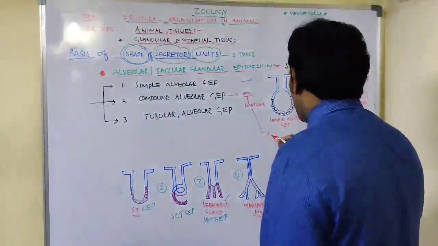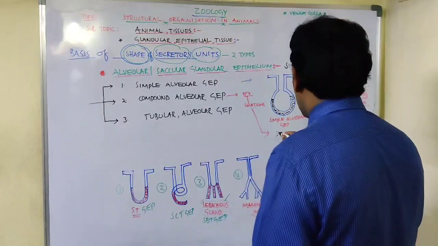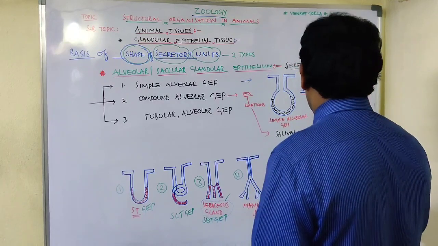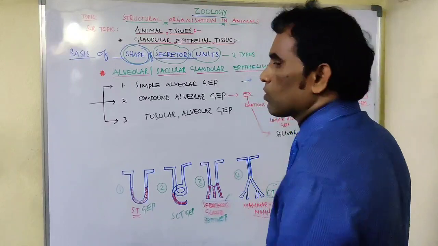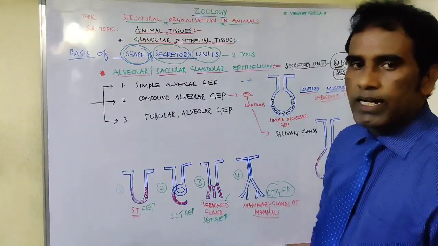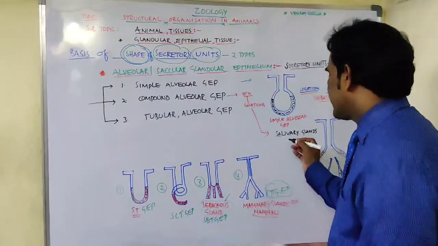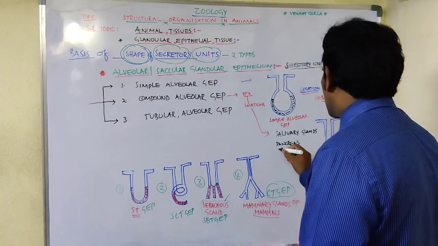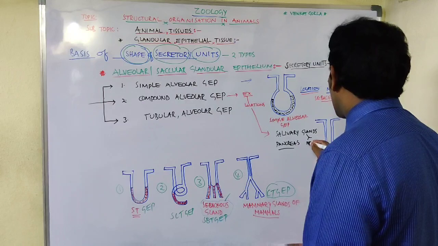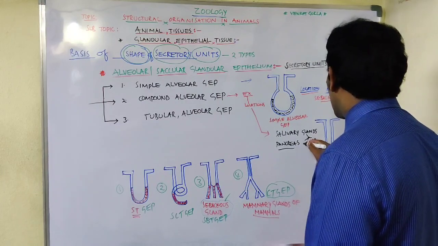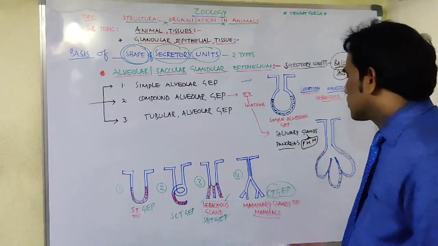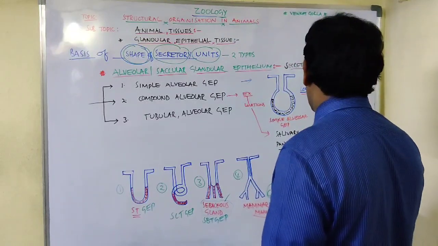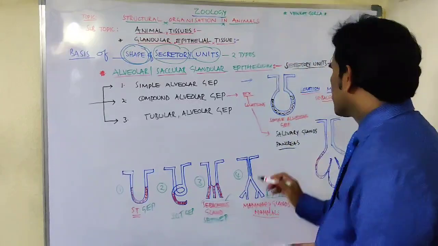Salivary glands. It is present in the salivary glands, that means all types of salivary glands: parotid glands, mandibular glands and maxillary glands, and also the pancreas.